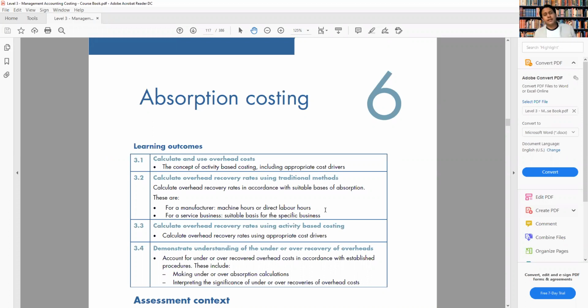Now in absorption costing, we have three methods, the ways to calculate the unit cost of a product. When we calculate the product unit cost, we have three methods that we follow. The first one is absorption costing.